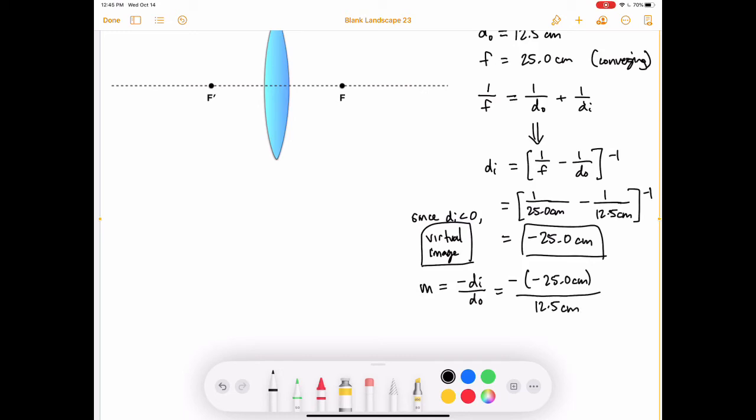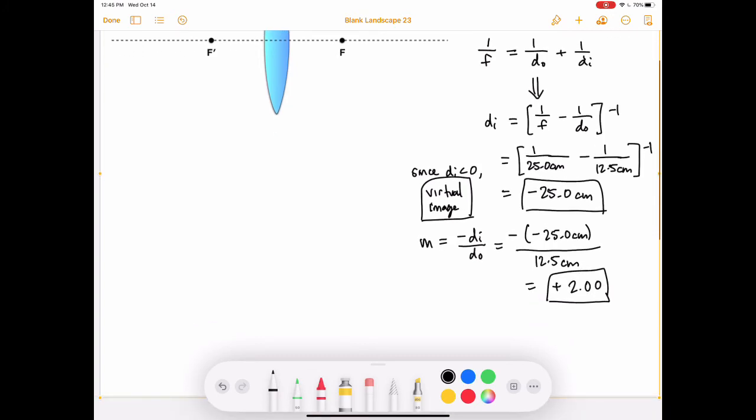So overall, this is coming out positive. Positive 2.00 is the lateral magnification. Now, since this came out positive, this is an upright image. And so that's what we can get from our calculations.